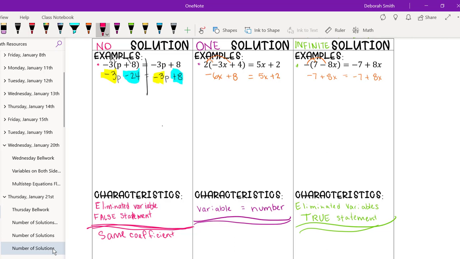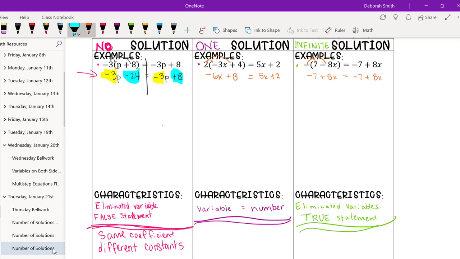Excuse me, did I say coefficient? I meant constant. Compare your constants on both sides. So negative 24 is the constant on the left, 8 is the constant on the right. Those are different. So if you have the same coefficient but different constants, then you're going to have a no solution equation. Okay, so we don't have to carry it on out until the variables are eliminated. You can, but if you can catch it at the pink step, that saves you some time and some effort.